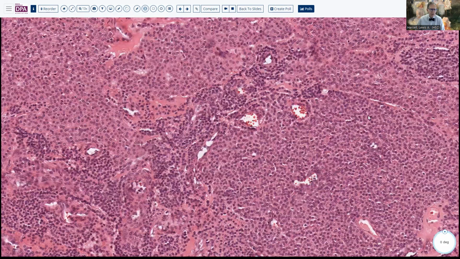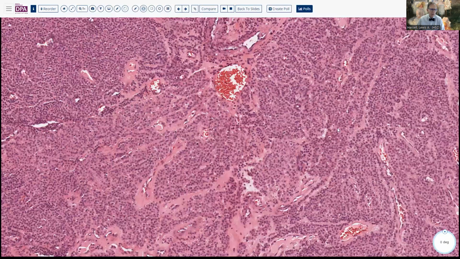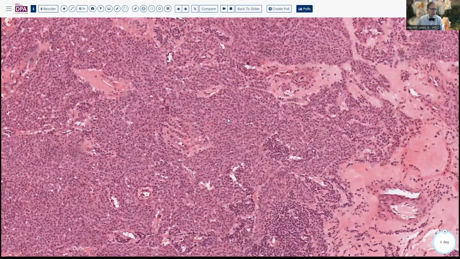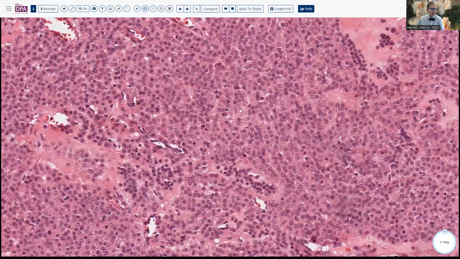And on occasion, a few areas where you've got little slit-like spaces here, as you can see, in between some of the vessels, and sometimes between the actual cells themselves. So this looks like a low-grade lesion, not a malignant lesion that we would be concerned about, and it raises kind of an interesting differential.